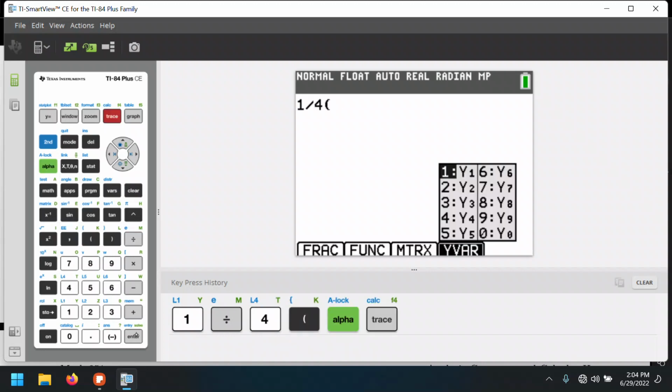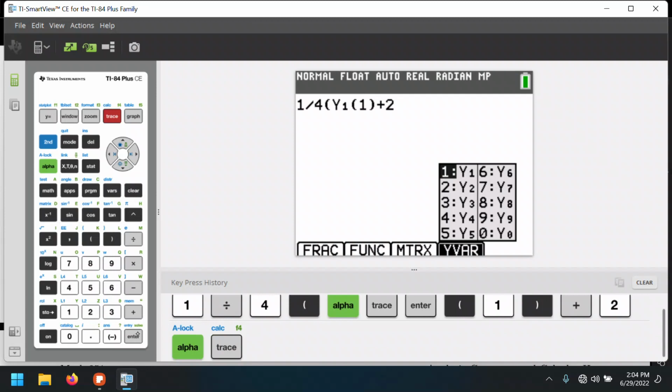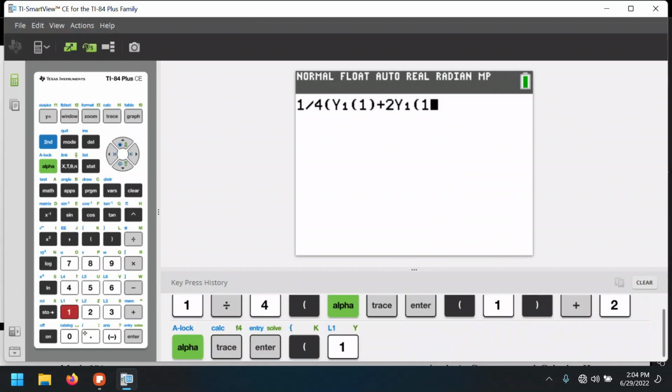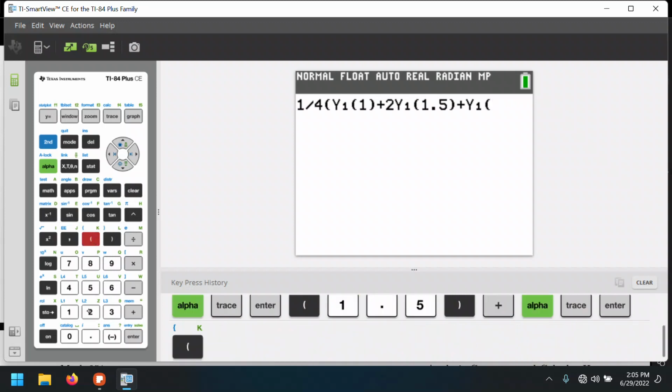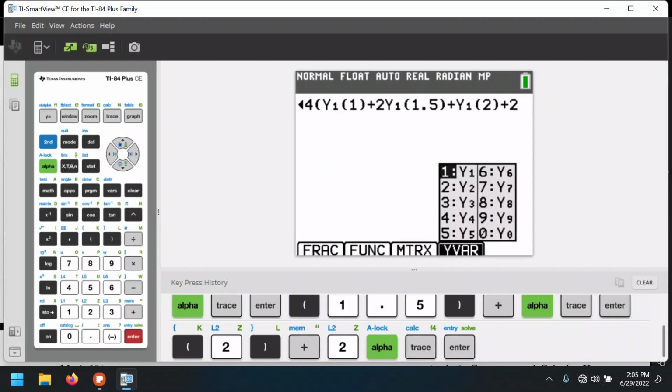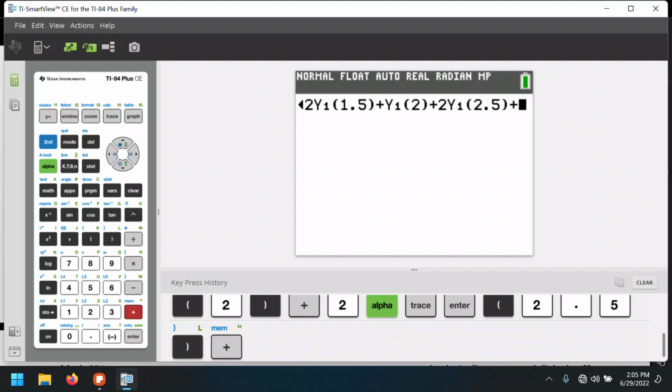So alpha trace enter, evaluated at 1, close parentheses, plus 2 times, be sure to write that 2, alpha trace enter, evaluated at 1.5, and plus alpha trace enter, that's 2, close parentheses, plus 2 times alpha trace enter 2.5, close parentheses, plus, that's the last term, y1 evaluated at 3.